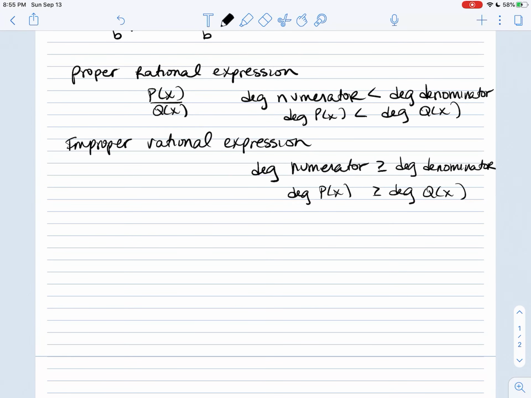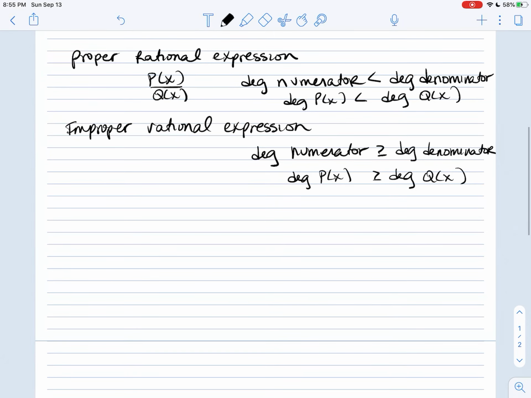So that might involve division of polynomials if you're going to be successful in calculating an integral using partial fraction decomposition. Okay, so I'm going to skip ahead, this is just a brief review of division of polynomials.